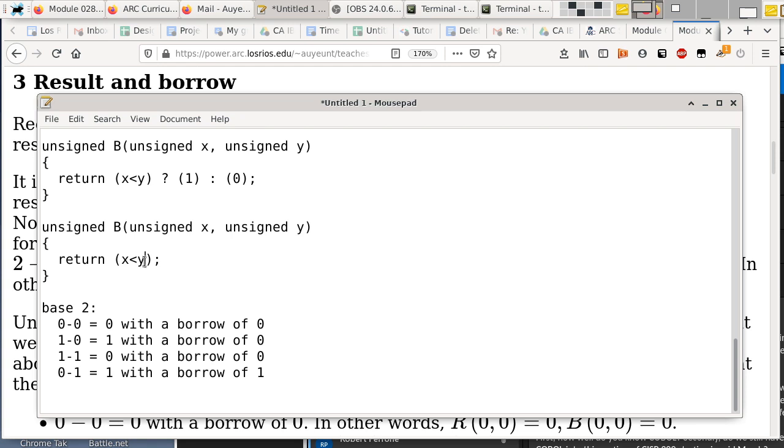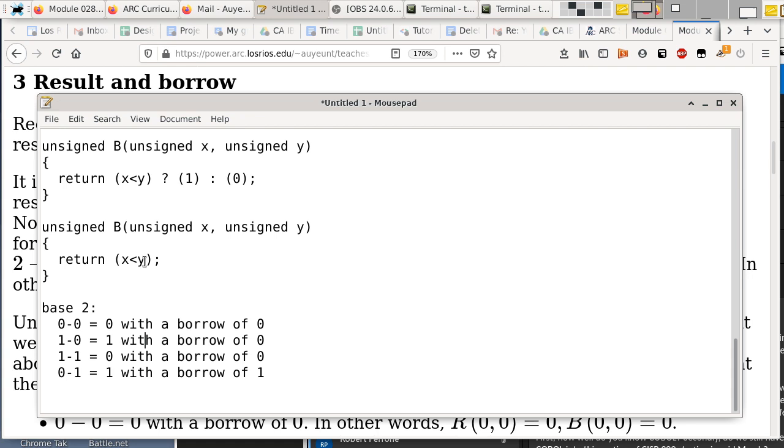But you cannot use compare, like less than, because you have to. Yes, you can. You can compare unsigned numbers, right? For base 2. Yeah, I'm going to rephrase my question.